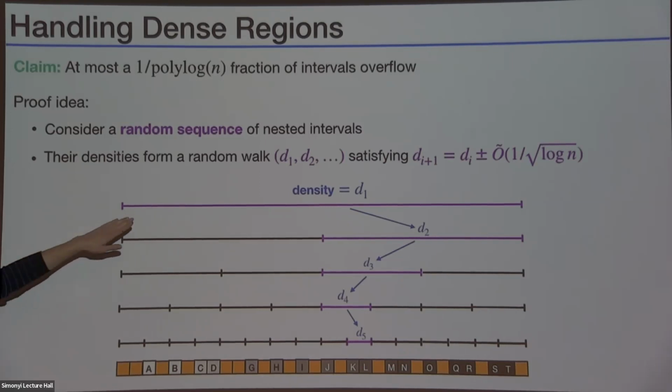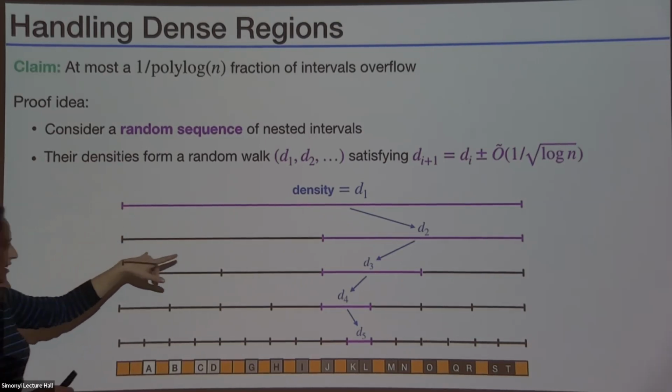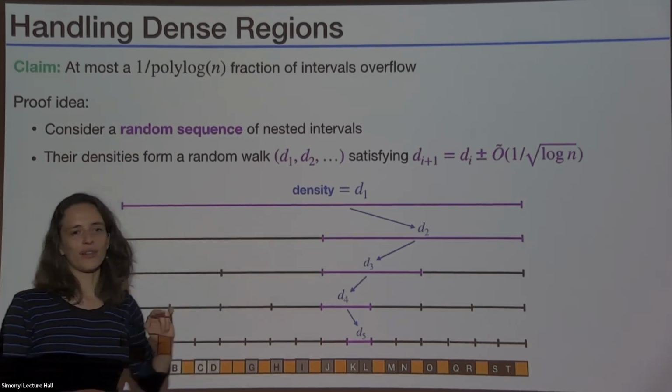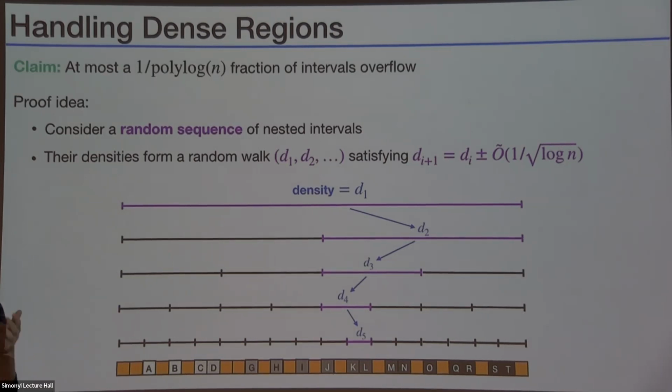So at the beginning, the density is some constant, and then we know that the density on one side and the density on the other side, their average is the density of the parent interval. So we know that it's an unbiased random walk. And we're just choosing with 50% chance, do we take a positive step or do we take a negative step?